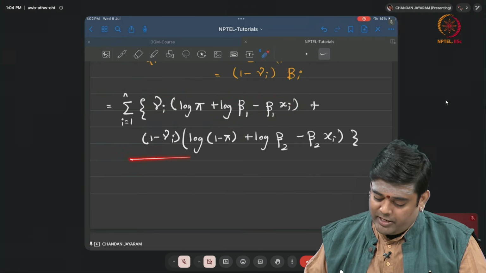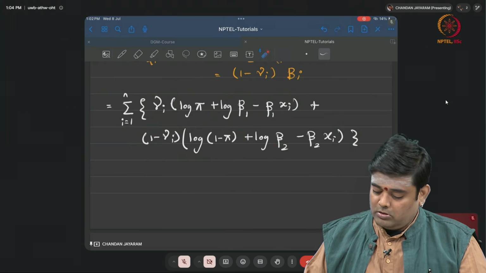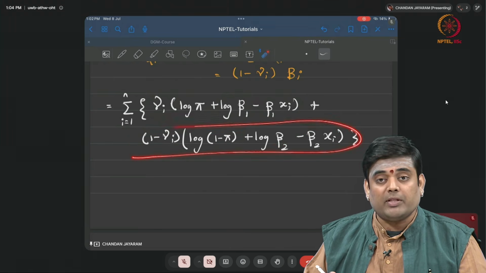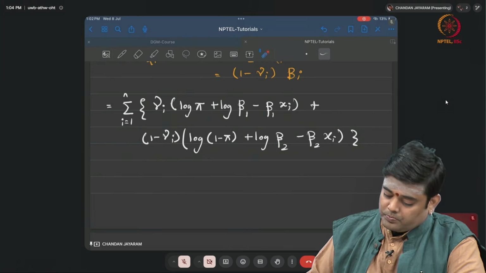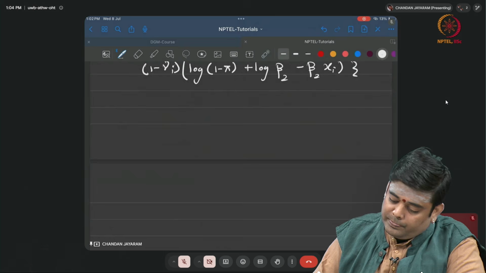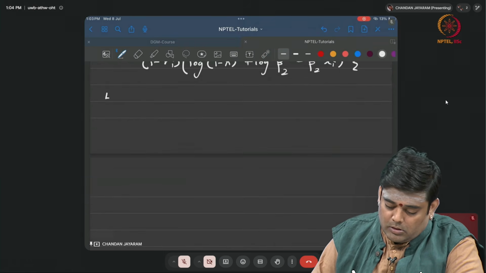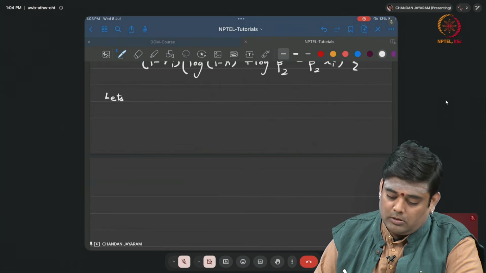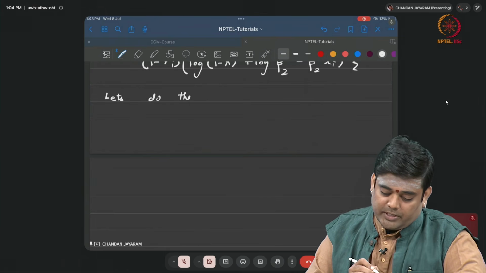Since the rest is independent of beta 1, you will not be taking it ahead, and similarly with respect to beta 2. So now what I will do is I will just simplify this for each of the terms. Okay. So now let's do the M step. Okay.